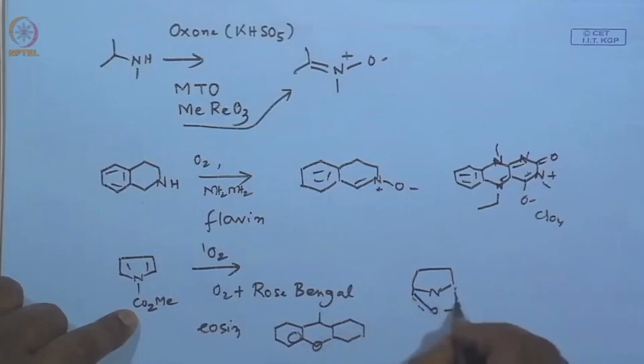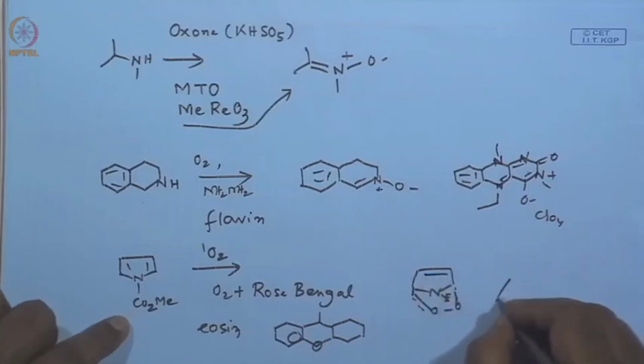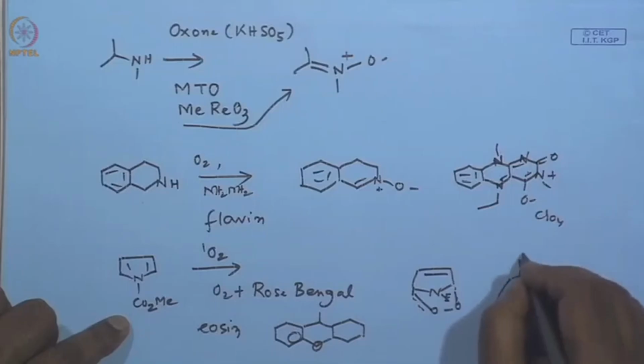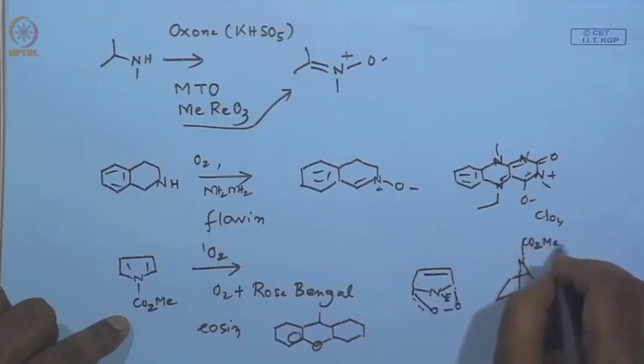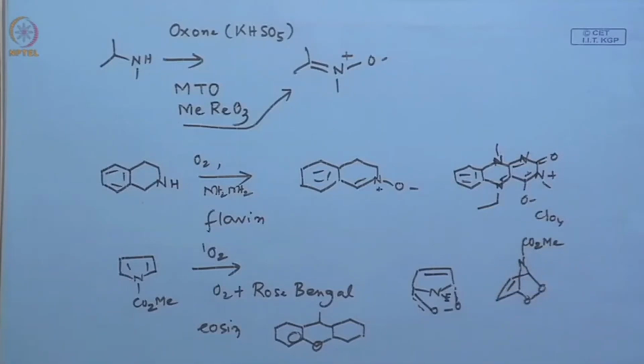This nitrogen has the ester group E and the double bond, or else one can just quickly write it this way. Now this is a process of oxidative dearomatization. Your molecule was aromatic, now it has been dearomatized. At the same time you have introduced oxygen, so the oxidation has taken place.